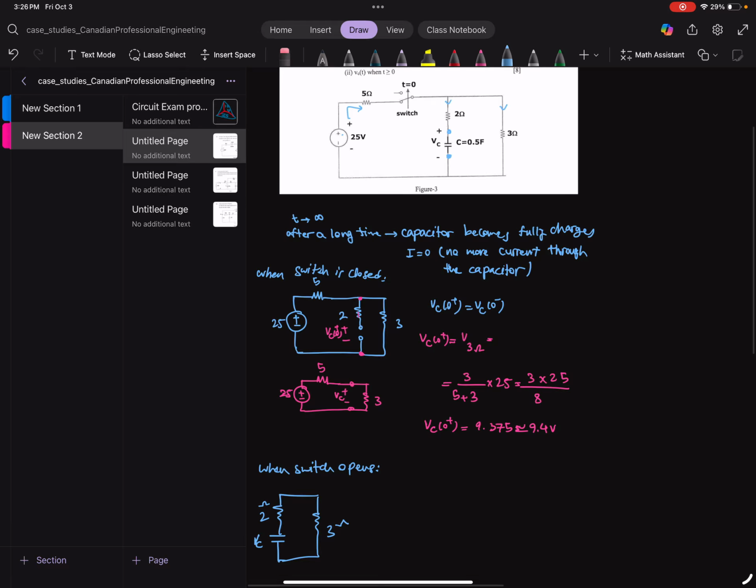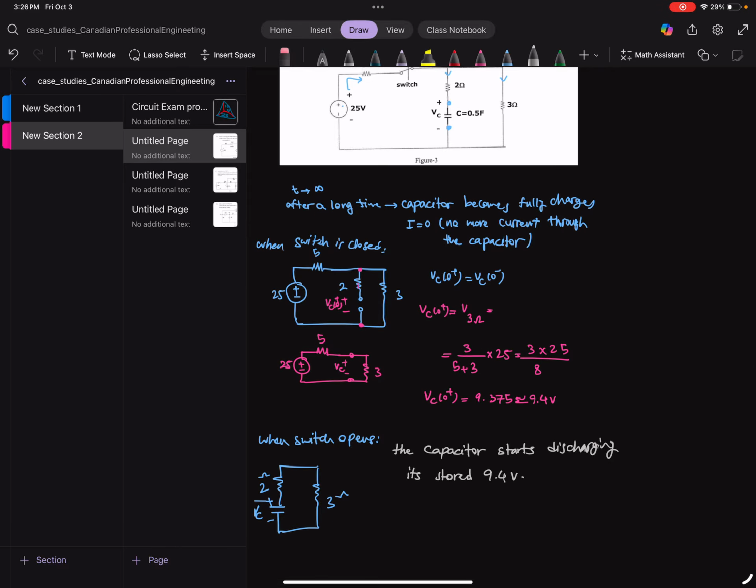VC, okay? So now the capacitor starts discharging. The capacitor, which had about 9.4 volt, starts discharging its stored 9.4 volt.